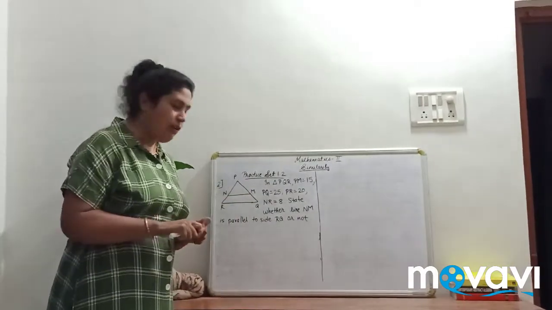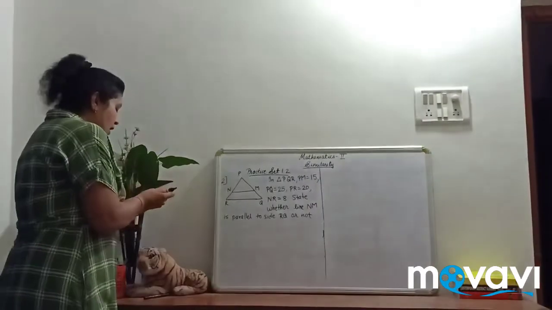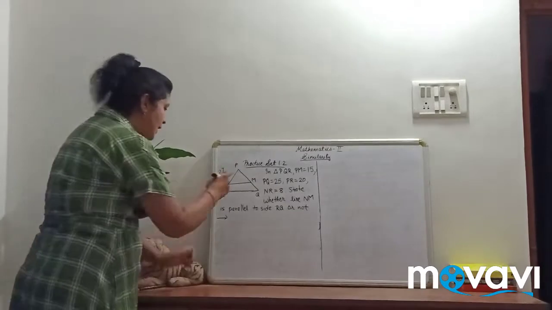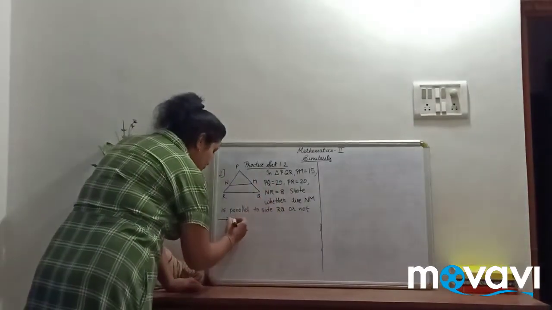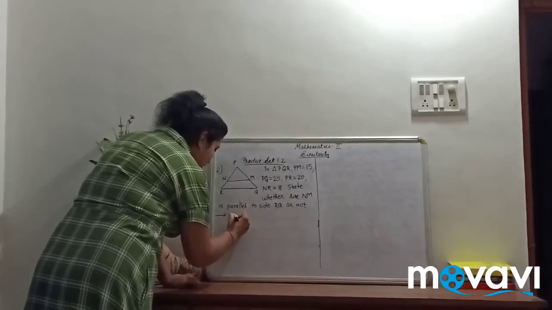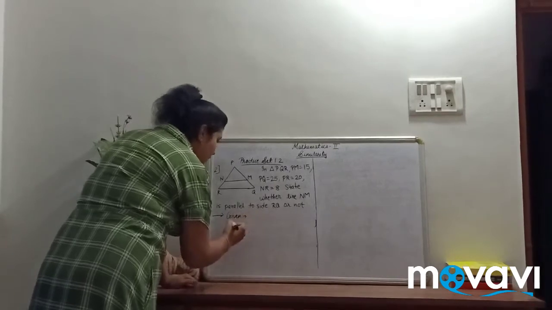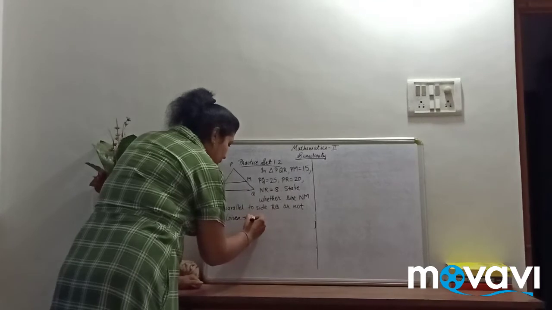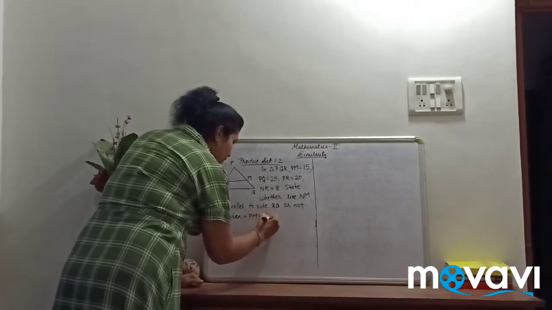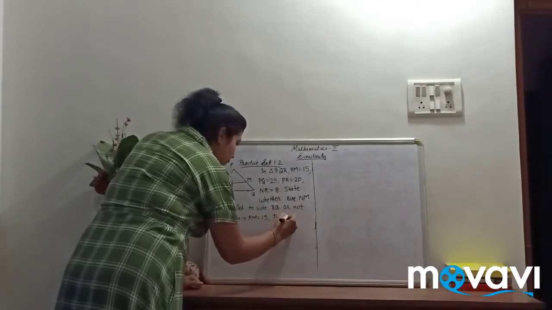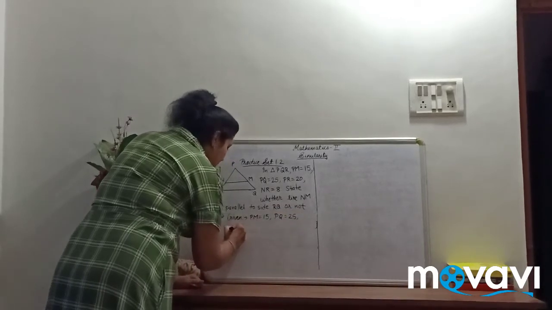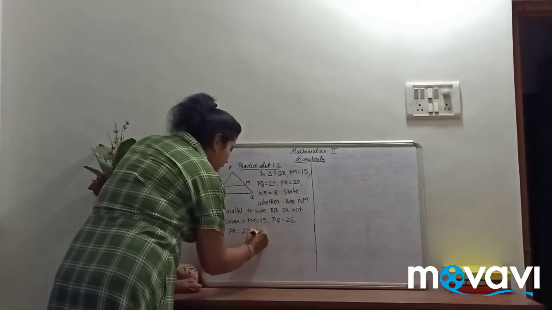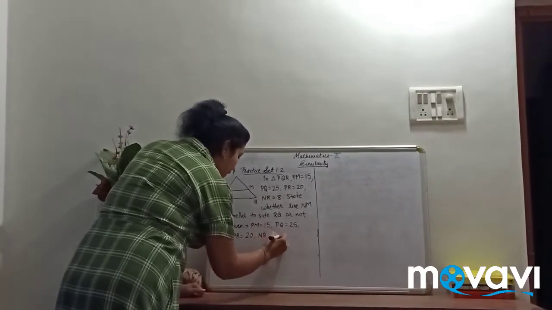So let us write down, given, all these things, whatever has been given. PM is equal to 15, PQ is equal to 25, PR is equal to 20, and NR is equal to 8.